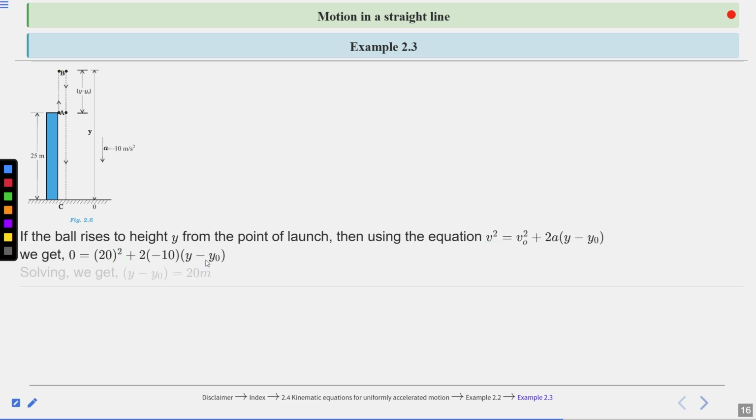Now we will solve this for y minus y naught. So y minus y naught is 20 meter. Clear?